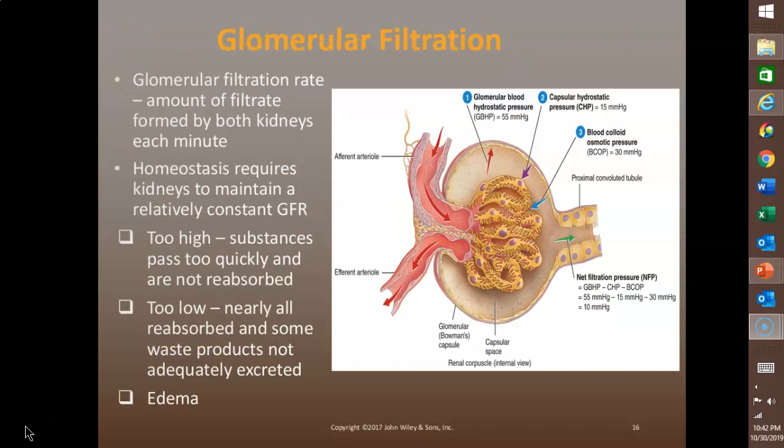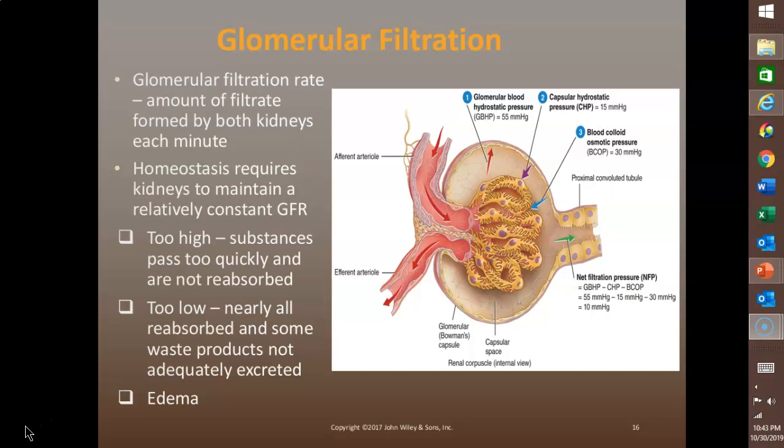The amount of filtrate that's made in all of the renal corpuscles in both kidneys every minute is called the glomerular filtration rate. And of course that is an amount that has to be maintained in order for homeostasis. So if the GFR, glomerular filtration rate, is too high, substances that we need may pass so quickly through the renal tubules that some of them don't get absorbed and they end up getting excreted in the urine.